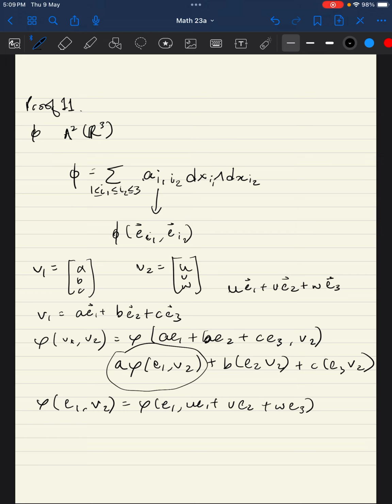And again, by using linearity, I'm doing the same thing, you get U phi of E1, E1 plus V phi of E1, E2 plus W phi of E1, E3.